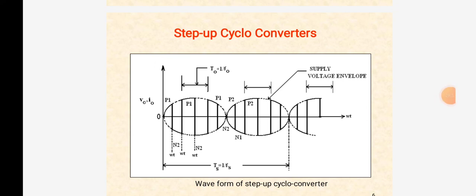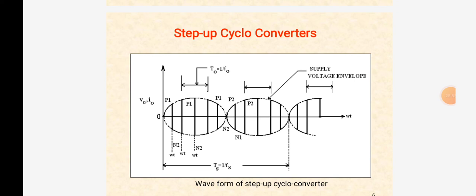It consists of four thyristors. Two of these thyristors, P1 and P2, are formed as the positive group, and the other two, N1 and N2, are formed as the negative group. The load is connected between the secondary winding midpoint O and terminal A.